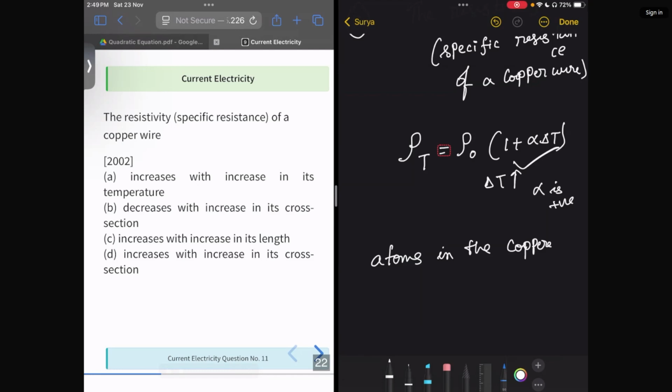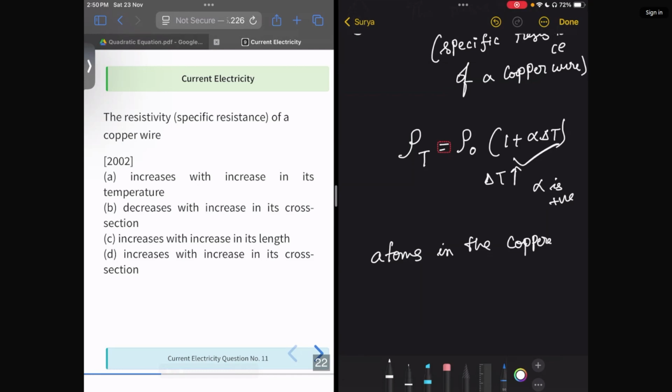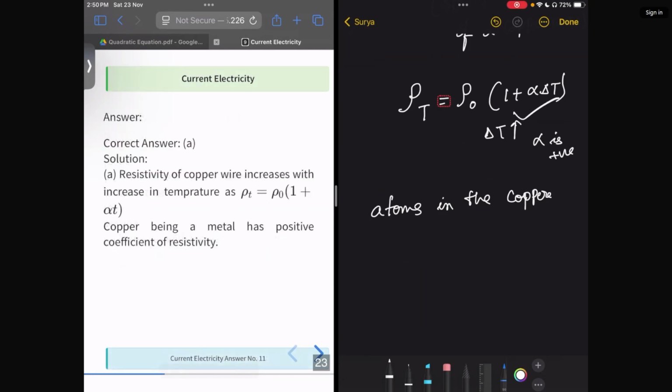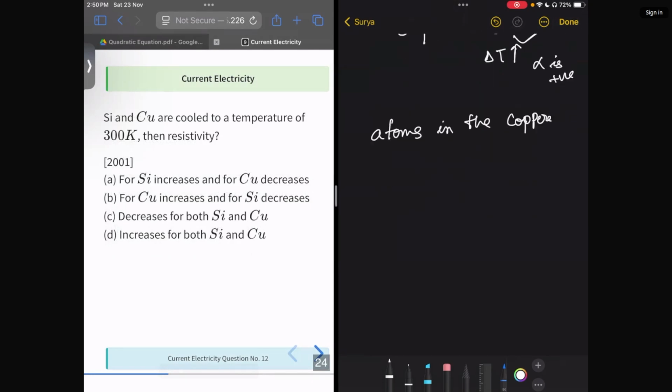So if copper wire is heated, the resistivity will increase and it will conduct electricity less efficiently. So it increases with increased temperature. Option A is the right answer. So next question.